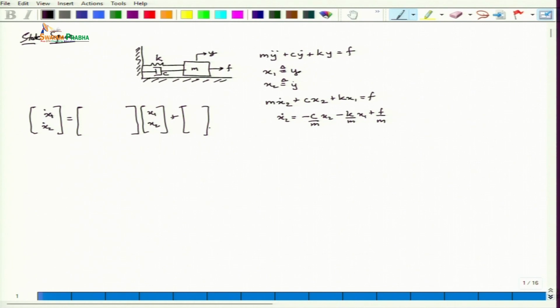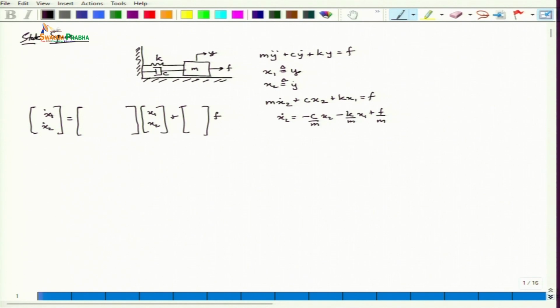In this case, since we are considering only single input single output systems, it will be a vector times the input, that is in this case the force.